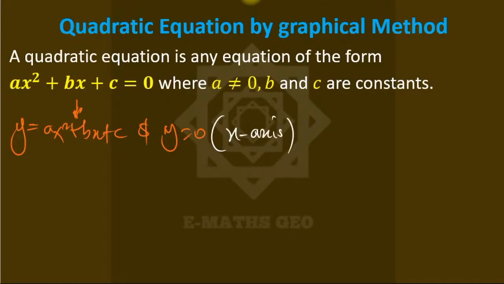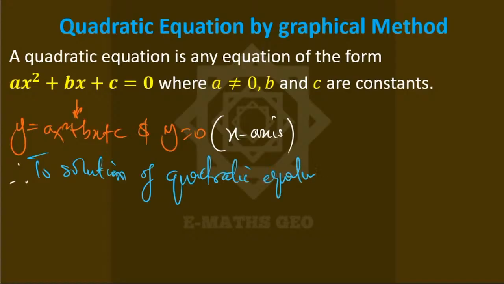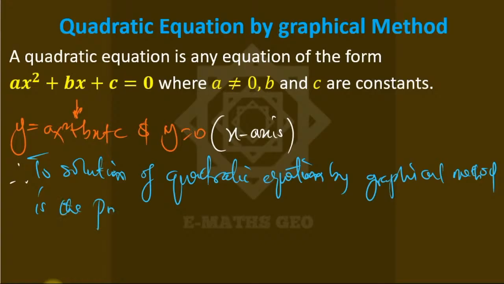So what was the implication of this? The solution of a quadratic equation by graphical method is the point of intersection of the two functions.